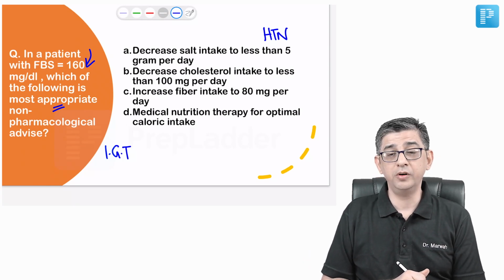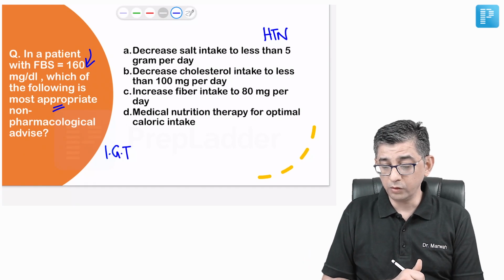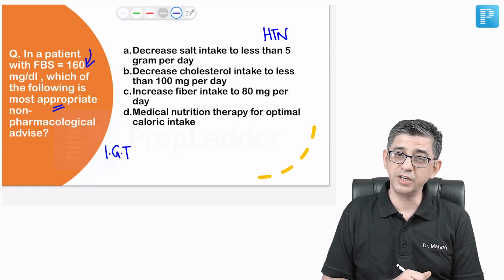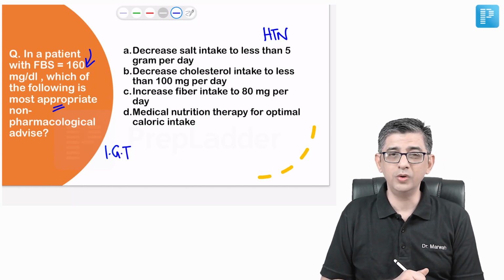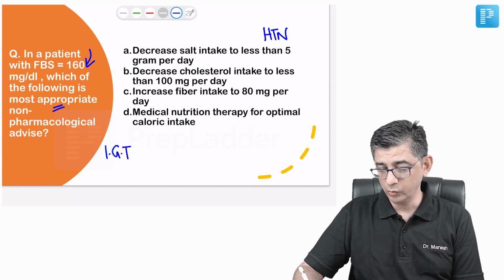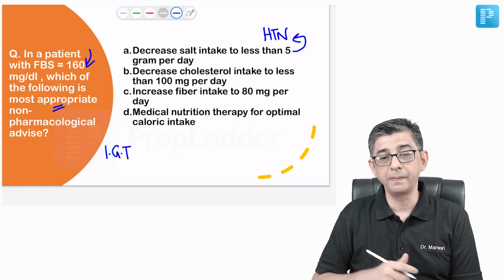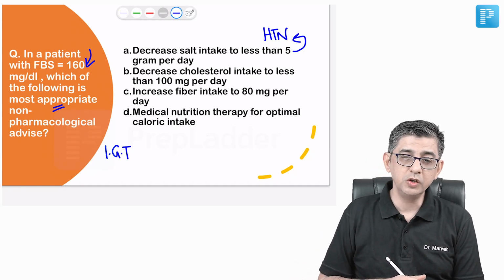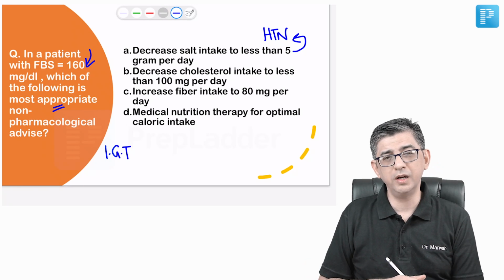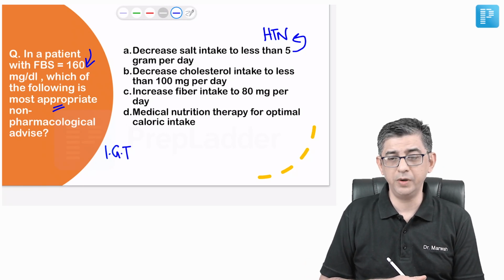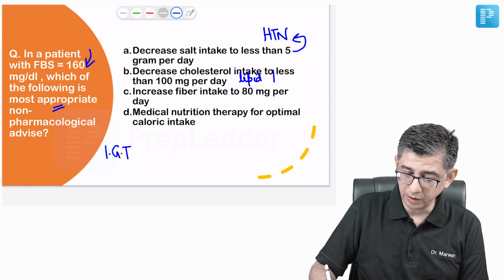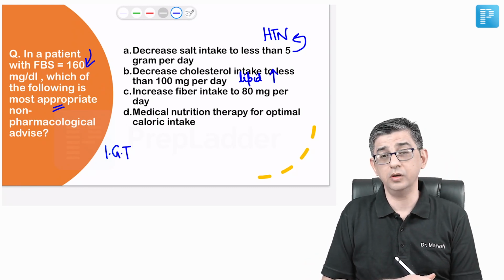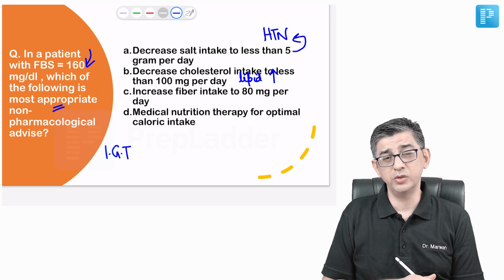It is recommended for diabetes, but it would be more valid for, I would say, DASH, dietary approaches to stop hypertension. So option number A looks like an unlikely answer because that's more valid for hypertensive cases. Option number B says decrease cholesterol intake to less than 100 milligram per day. Guidelines are 200 milligram per day, but this would be for a person who's having hyperlipidemia, deranged cholesterol, deranged LDL values, HDL is less.